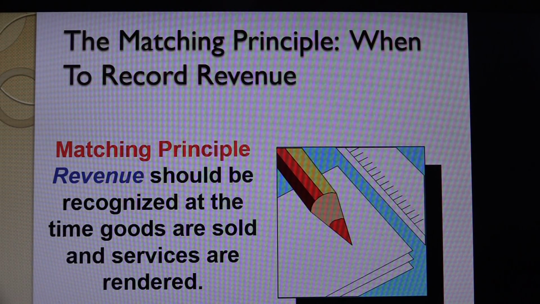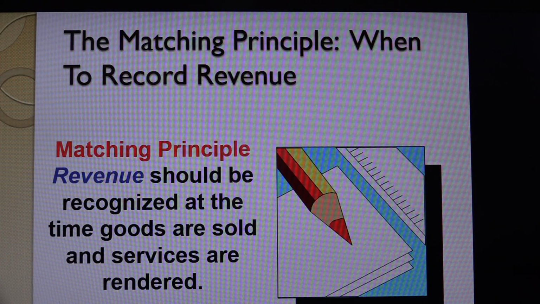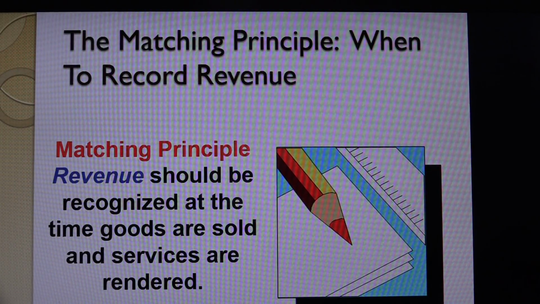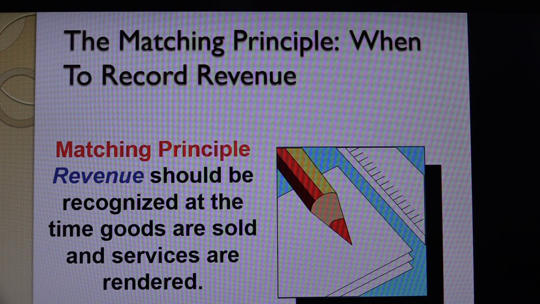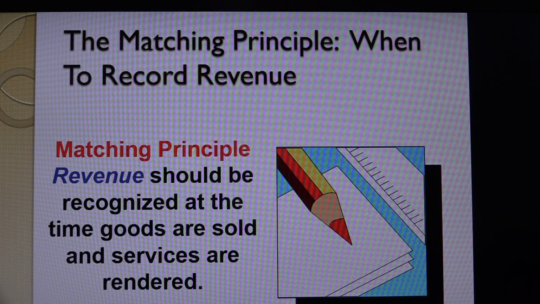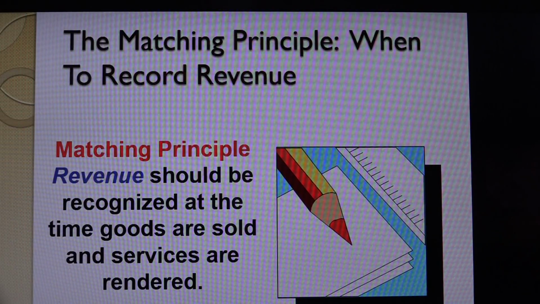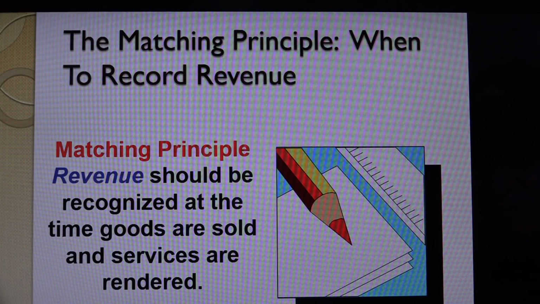That latter example would be how we would do it in the cash method of accounting. But here we use the accrual method. We recognize revenue in the period we earn it, which is when goods are sold or services are rendered.